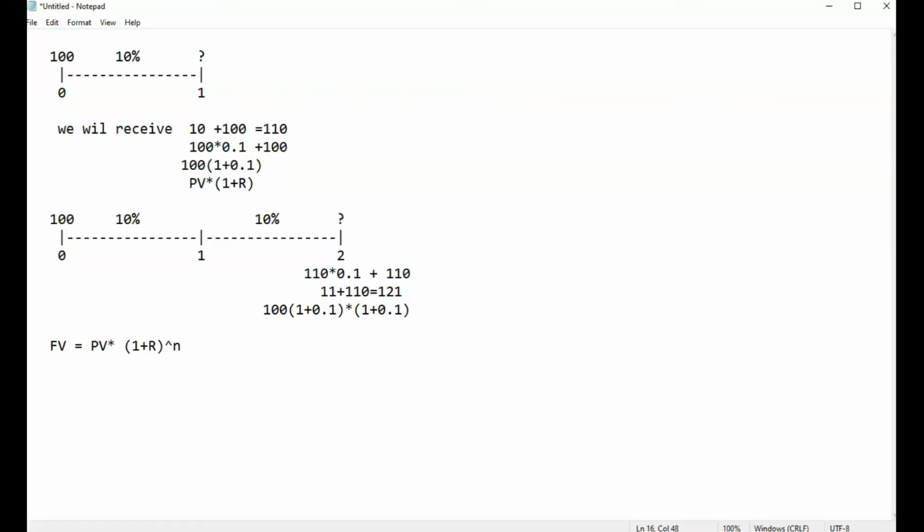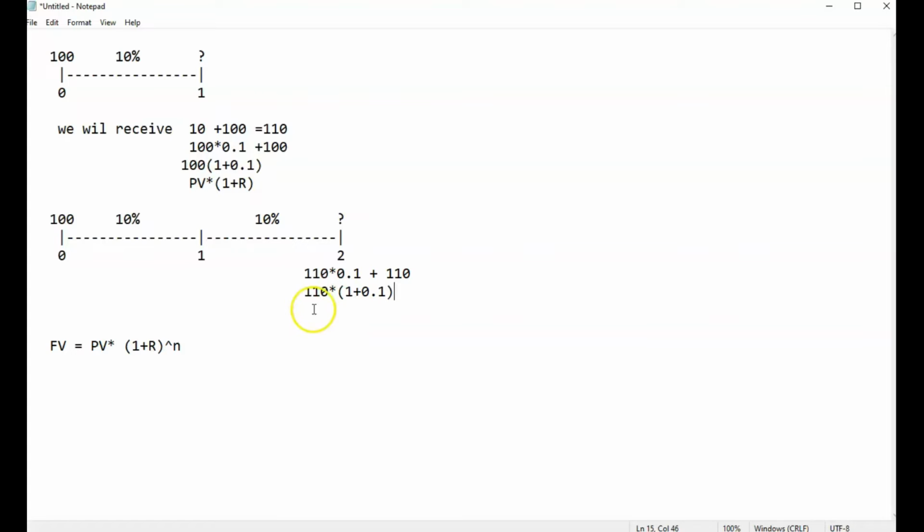We apply this formula twice. I'm going to make this one clear, and delete this one. So this is 110 times (1 plus 0.1).